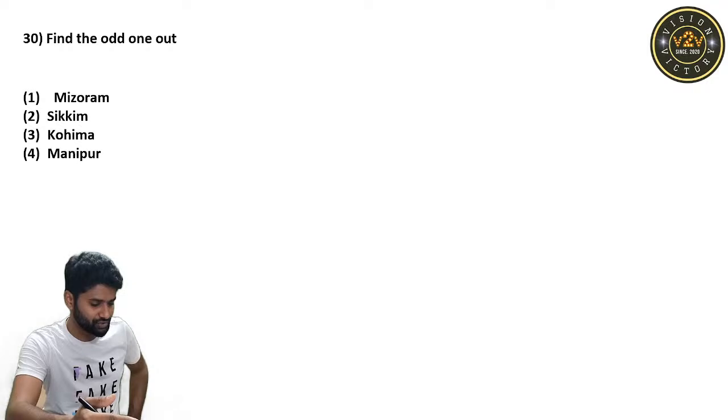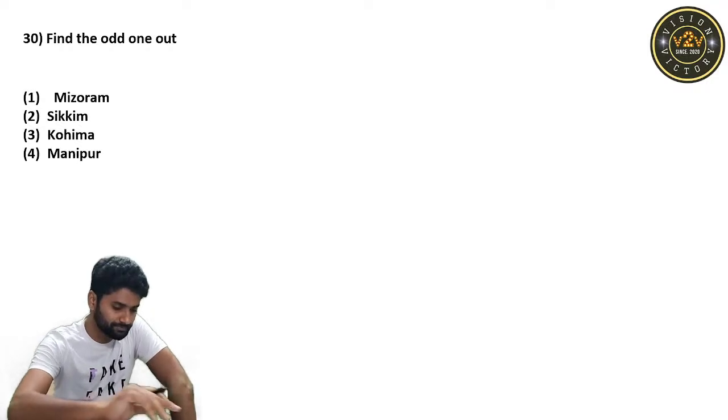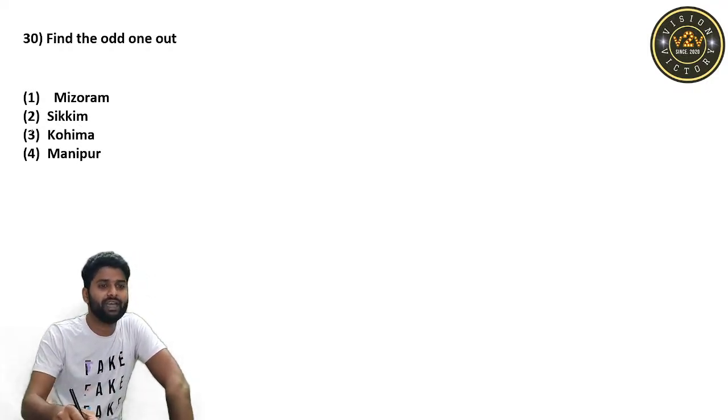What is the reason, Joshna? Kohima, Ganesh says Kohima, Jyotirmay says Kohima. Why did you choose Kohima over Mizoram, Sikkim, and Manipur? Yes, very good, Nana. Except Kohima, the remaining three are states.